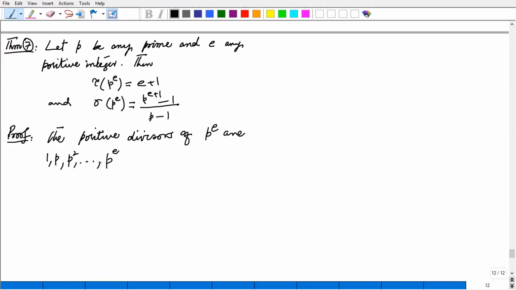Can you count these numbers? We can easily count them. From p to the power e, there are e and then 1.